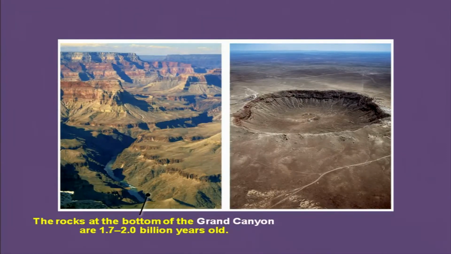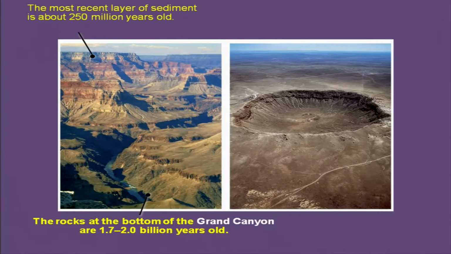So, the photograph on the left hand side is of the Grand Canyon, which shows the bottom of the section, which has been marked by a dot. The rocks at the bottom of the Grand Canyon are 1.7 to 2 billion years old, and the most recent layer of sediment is about 250 million years old.